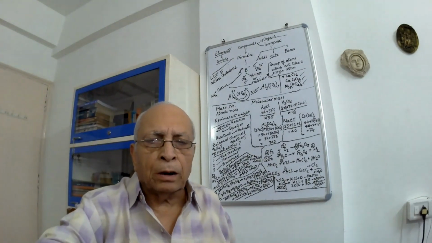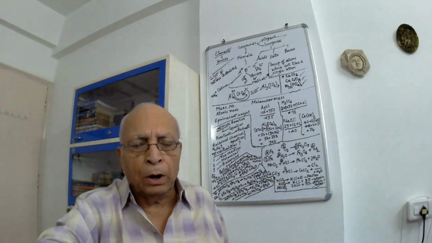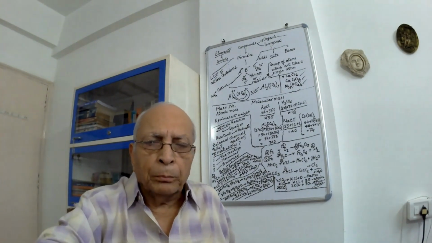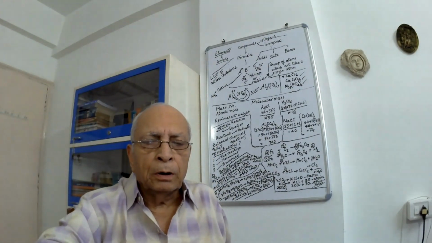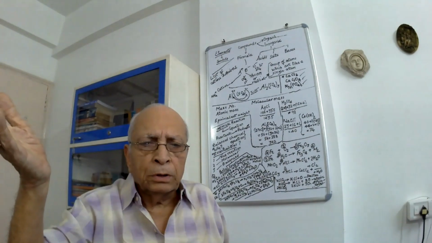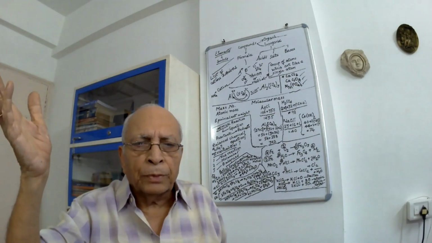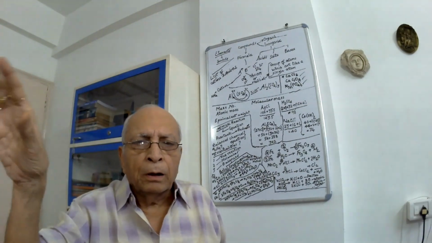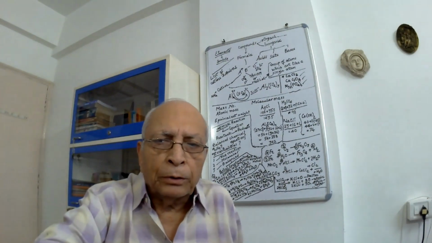Presently, we take up how to write the formula of an inorganic compound. Organic compounds, of course, have a different way of naming them. We shall learn it later on. But presently, we shall take up inorganic compounds.